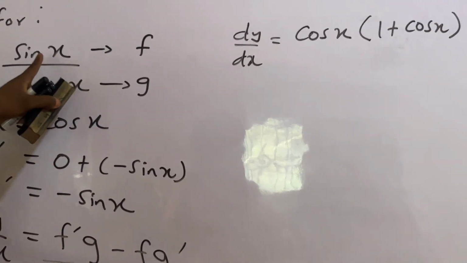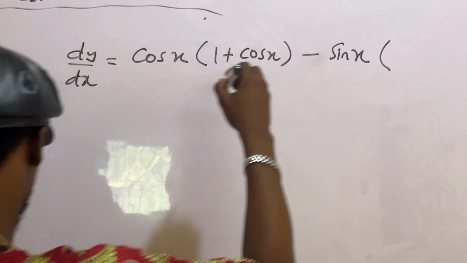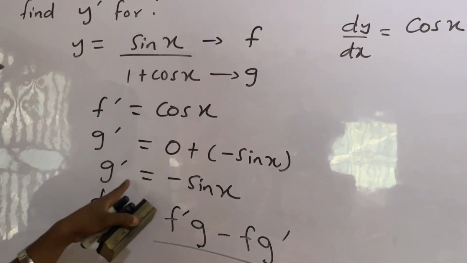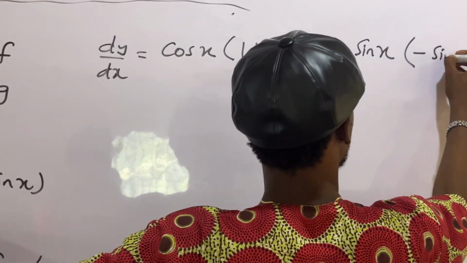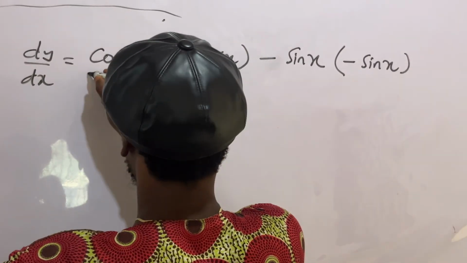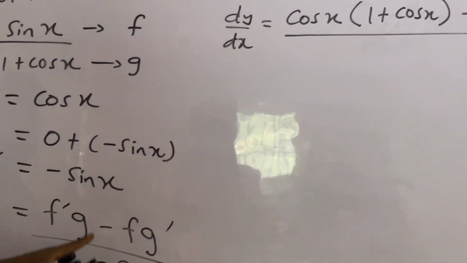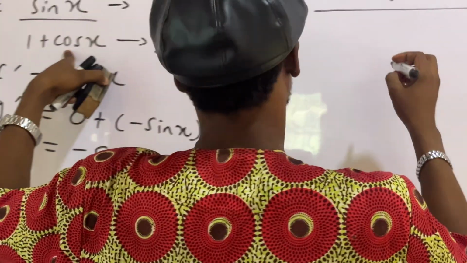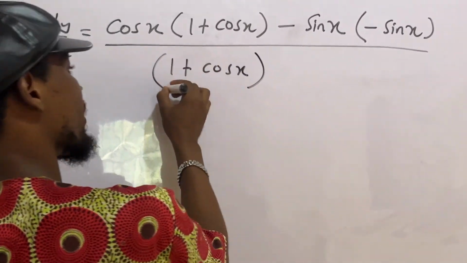F is the numerator, which is sine x, times g prime, which is negative sine x, then all over g squared. This is my g. You square it. I have the expression 1 plus cos x, and we are squaring it.